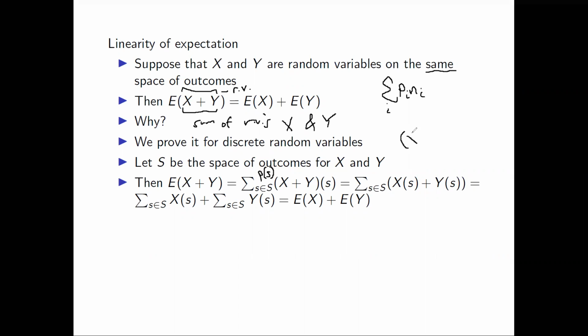That notation, X plus Y of s, is the same as the notation we saw on the earlier slide, X of s. It is the value of the random variable X plus Y when the outcome is little s.